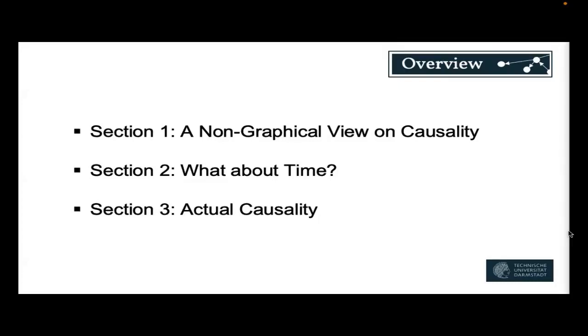Section 2 is going to talk about time, because also from the very first session, people who have maybe been trained in physics recall, hey, causality, that's time. Where's the time dimension? So we're going to talk about that. And then finally, I'm going to tell you what causality actually is. Pun intended. There are different notions of causality, and one of them is called actual causality. But you're going to understand why.